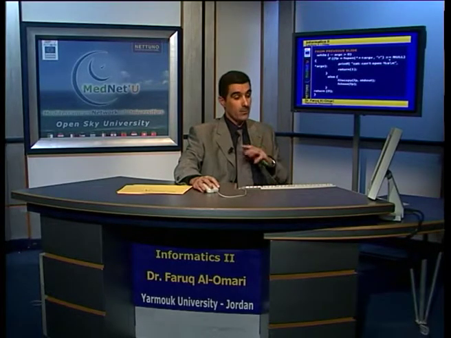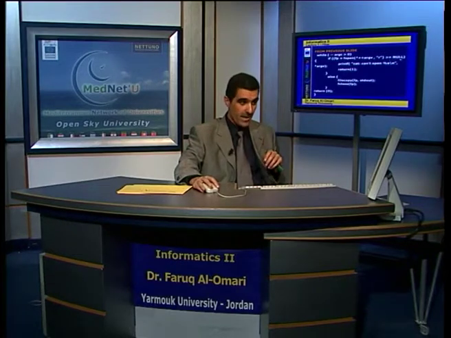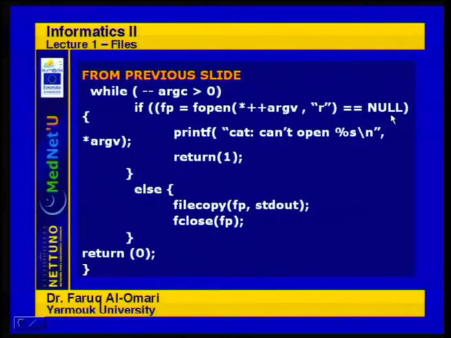I'm going to read from these files consecutively. But we're not going to be reading it right away; rather I want to make sure that I'm opening that file successfully. So that's why I said if the fopen statement equals null, then there is a problem, so the file cannot be opened. However, if this statement is successful, then I go here.